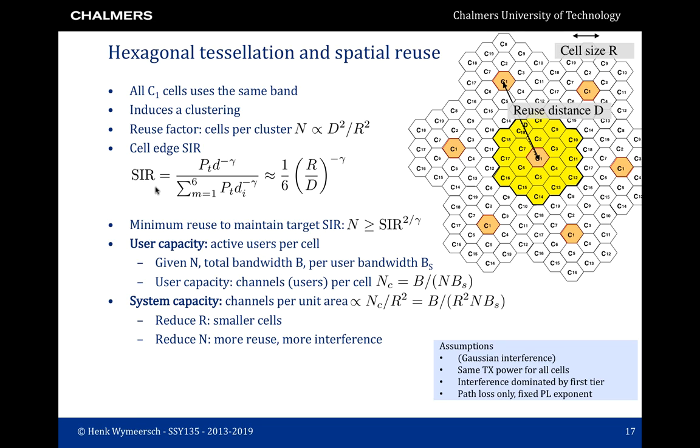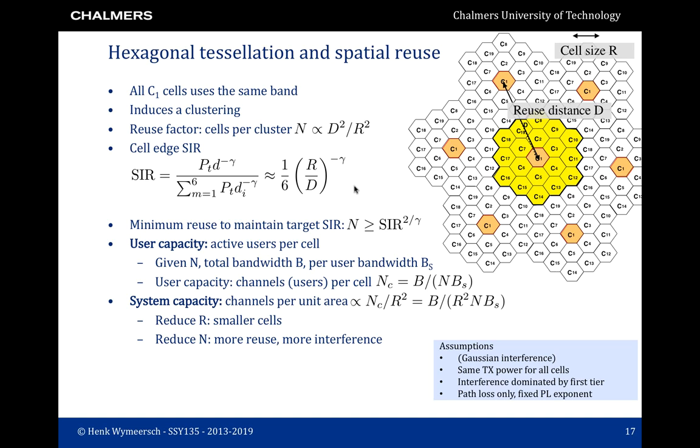Ignoring shadowing and other effects, the signal to interference ratio is given by this expression. It is the power from the home base station divided by the interference power from the 6 interfering base stations. It is easy to show that this then leads to approximately a value of R over D to the power minus gamma.